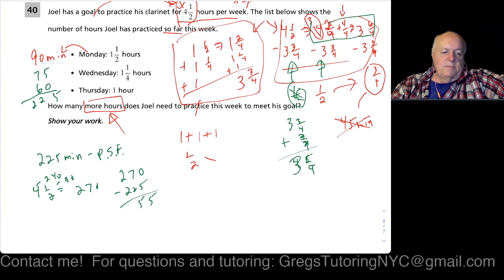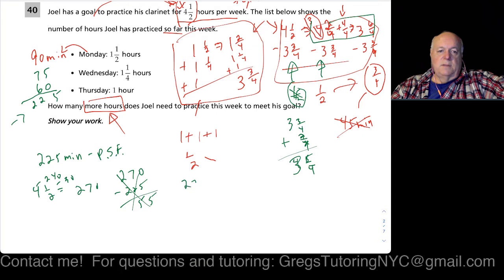Okay, that doesn't add up, so I've made a mistake. Let's see. Probably the subtraction right there. No, I actually did the subtraction here wrong.